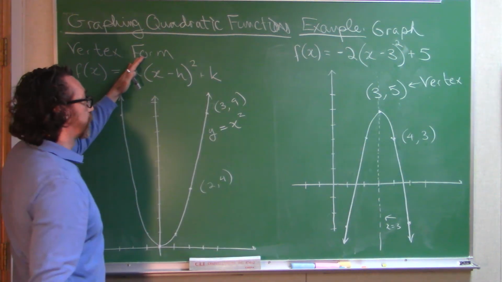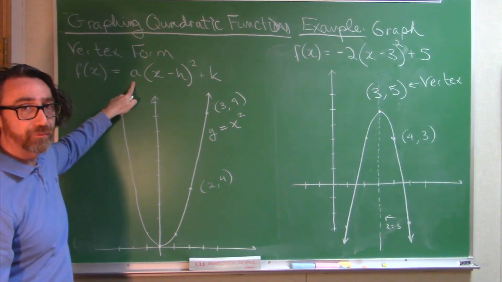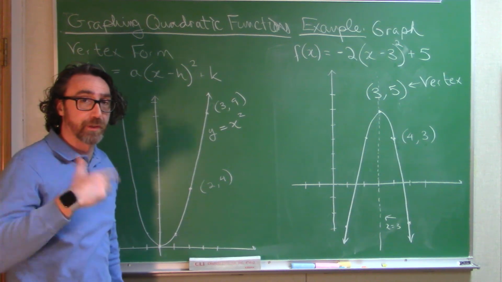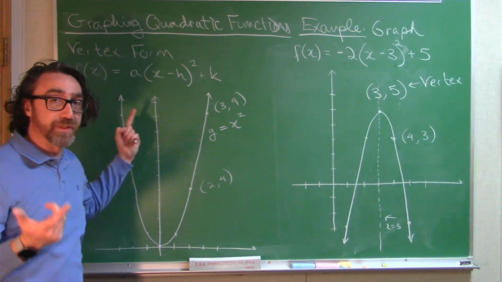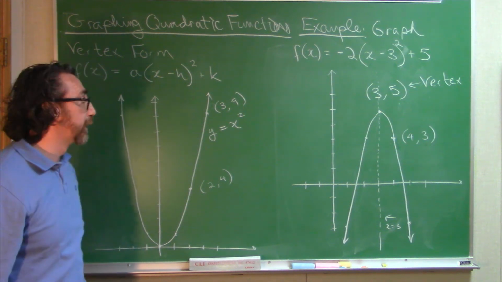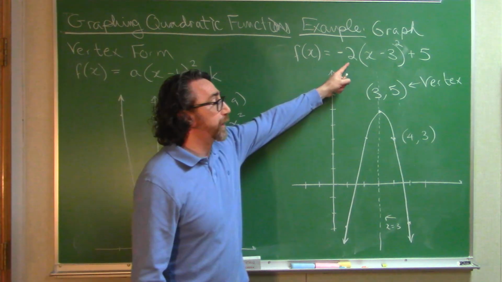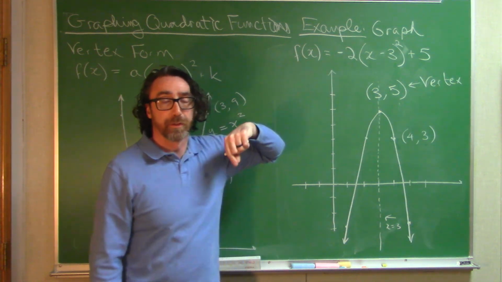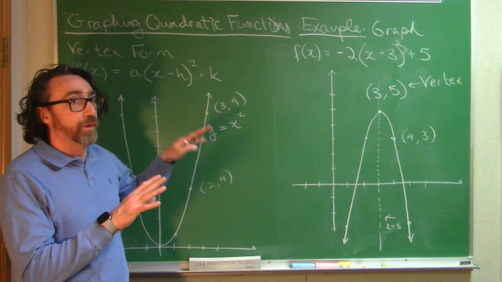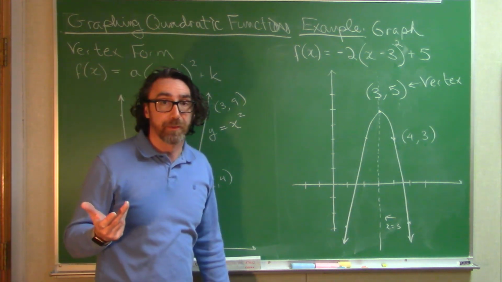This tells you vertical translation. Multiplier out front tells you about any vertical reflections. If the multiplier out front is negative, the graph will open down rather than opening up. And it'll also tell you about vertical stretching. Okay, so all the information is right there for us, provided that we know how to look for it.